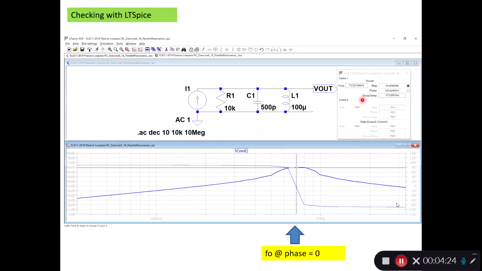And at that point, we have a magnitude of 65 dB. So it's actually amplifying the signal. And we have a phase shift very close to 0 here. If I had zoomed in, I could have hit the spot better at 0 degrees.